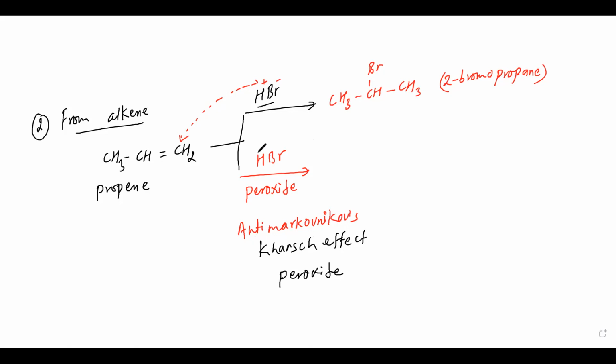Then the positive part of the reagent bonds with that double bonded carbon atom which contains the lower number of hydrogens. Then the product formed is CH3CH2CH2Br. The name of this compound is 1-bromopropane.